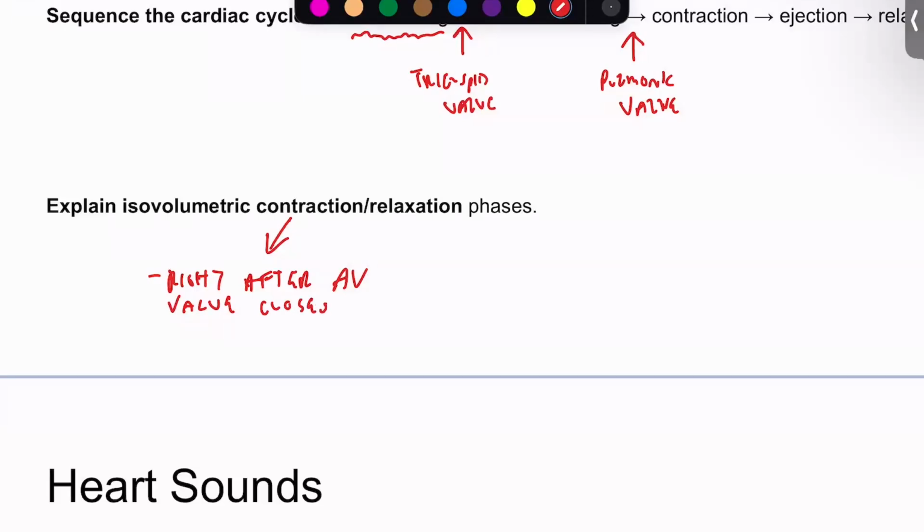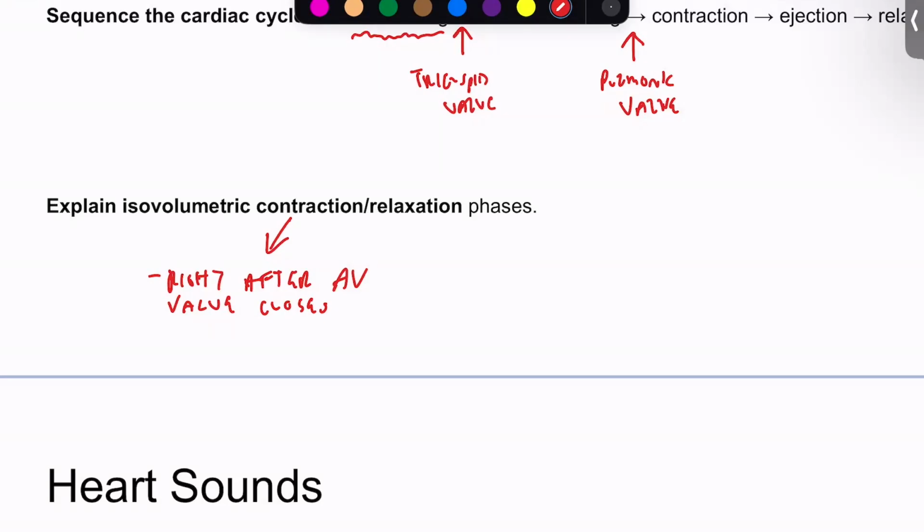What this means is that the ventricles are contracting, but it's this short time in the cycle where all the valves are closed. So the volume stays the same, because whenever we're contracting, we're not shooting blood out, but we're also not taking blood in. But your pressure continues to rise until it busts that semilunar valve open, and then all the blood will leave.